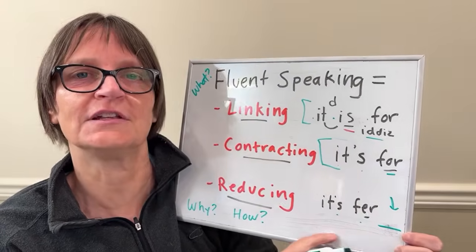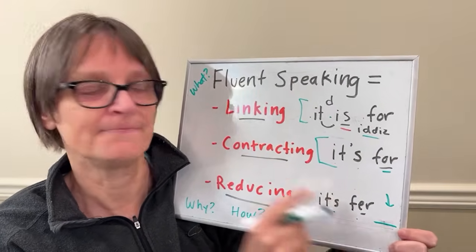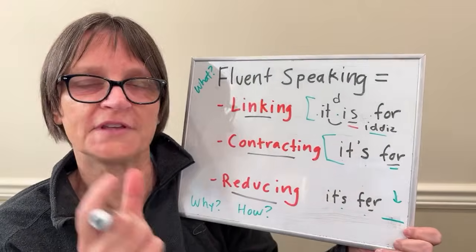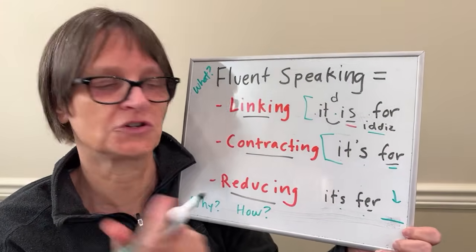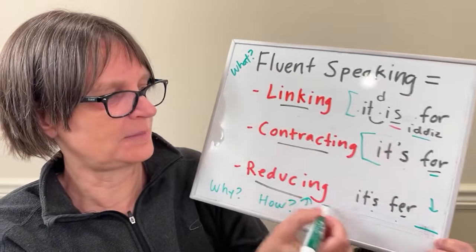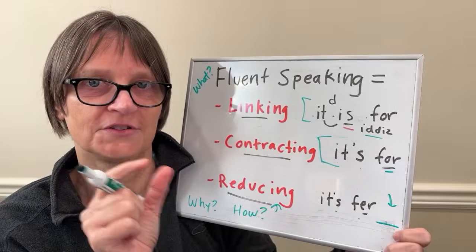It's for you, it's for him, it's for the production, it's for the play. And so little words like for, the, that, your, etc. can get reduced, meaning my or longer vowel becomes just a short sound.